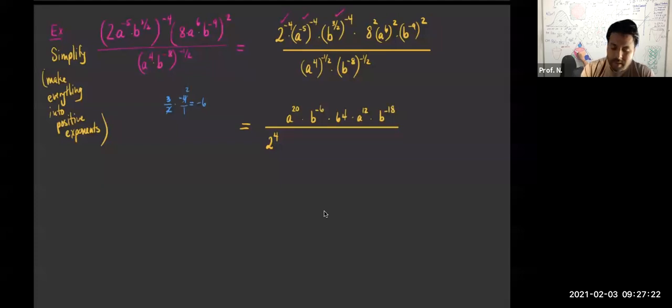So does everybody see how I'm taking these blobs of expressions and breaking them into smaller bite-sized pieces and taking care of each one individually? And then slowly things start to simplify out.